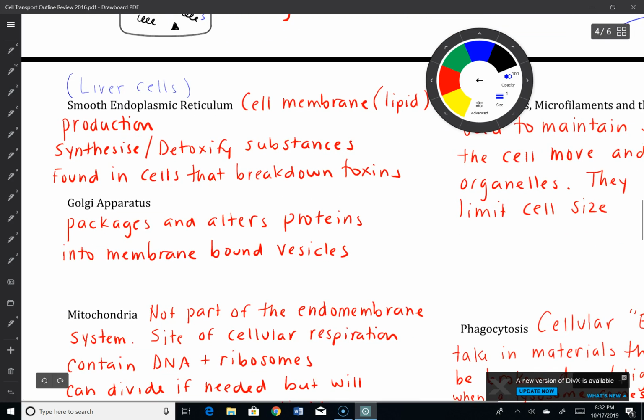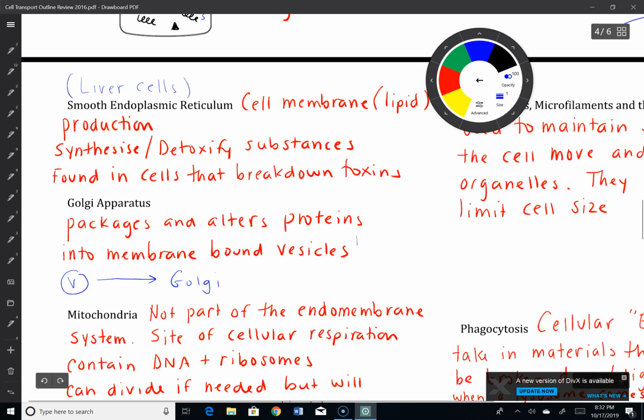Here's our Golgi. The Golgi is, again, a great organelle. The Golgi is going to actually receive, so let's put it right there, it's going to receive the vesicle from the rough ER. It's going to then do some modification.